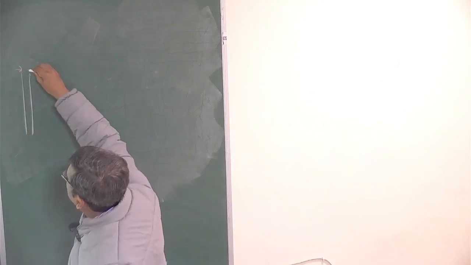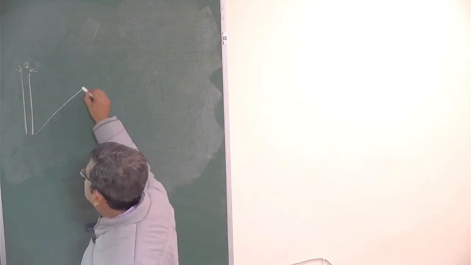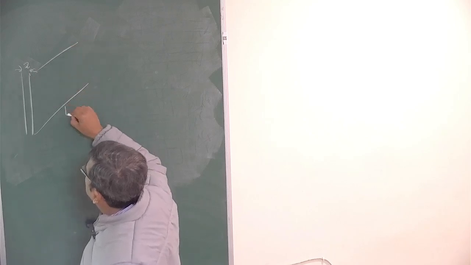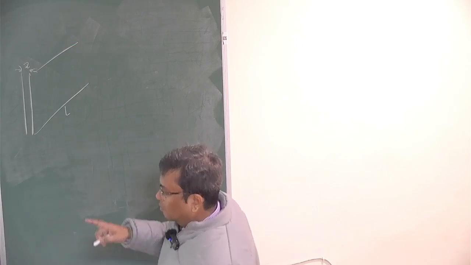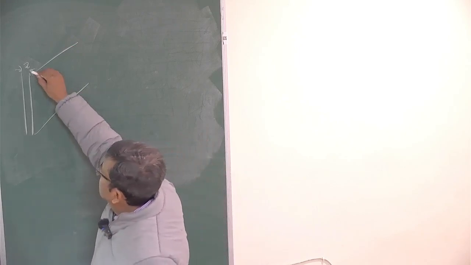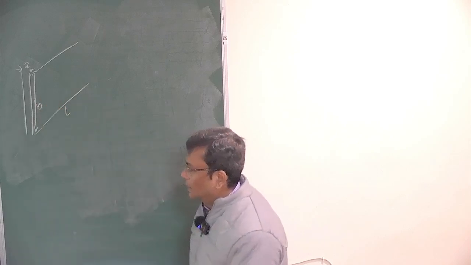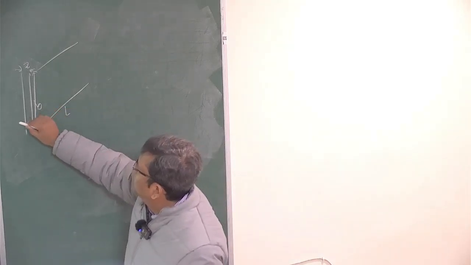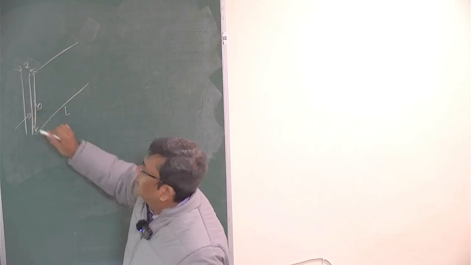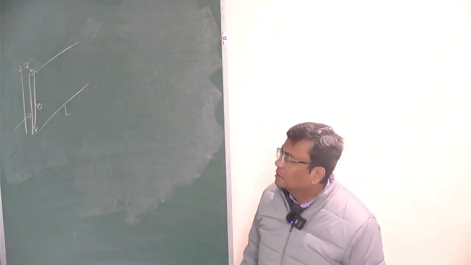This is Z, of course, and this is L, correct? And what's the height? The height is B, correct? So the flow takes place like this. So in the flow direction, the length is L, correct?